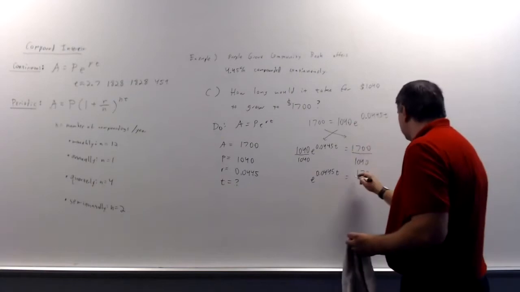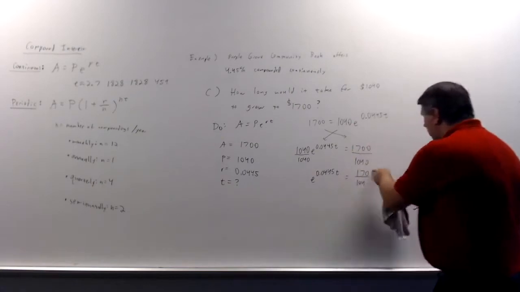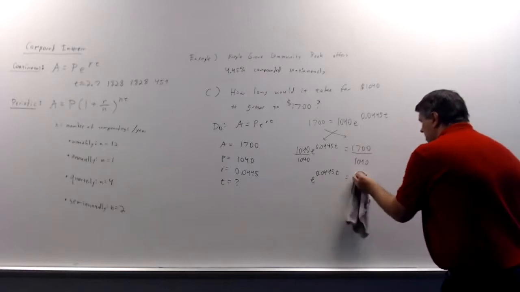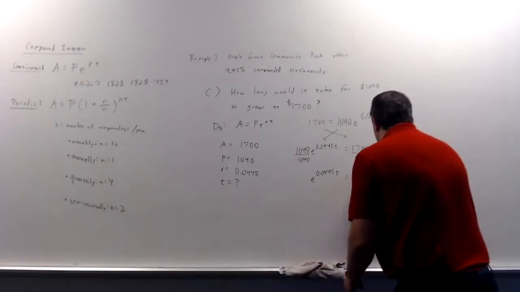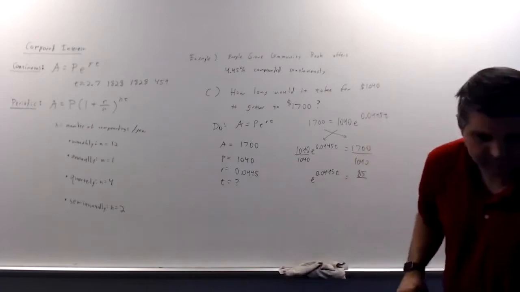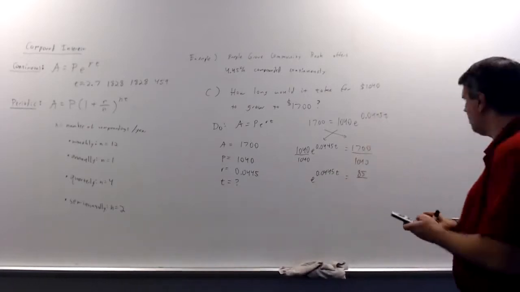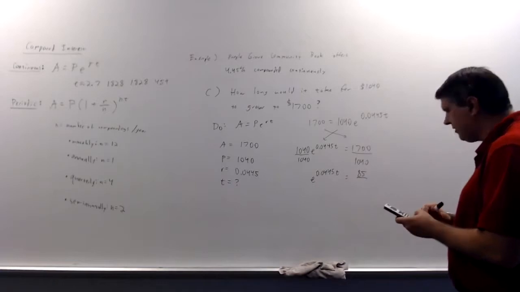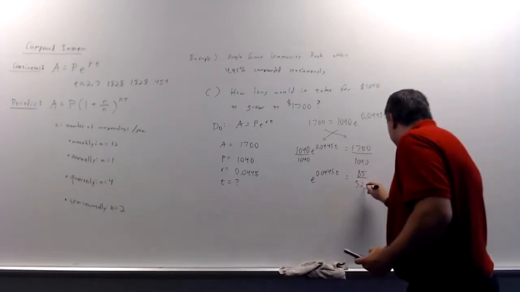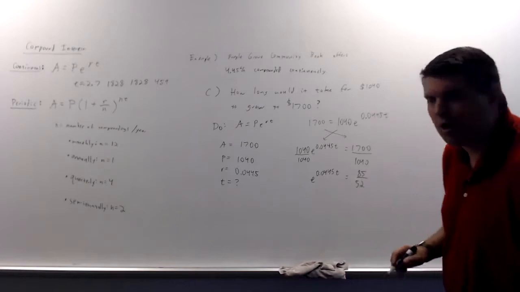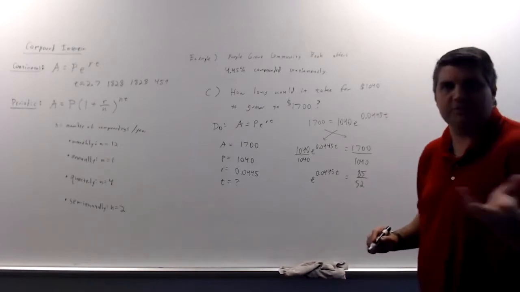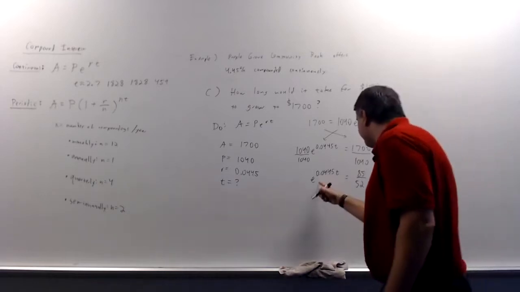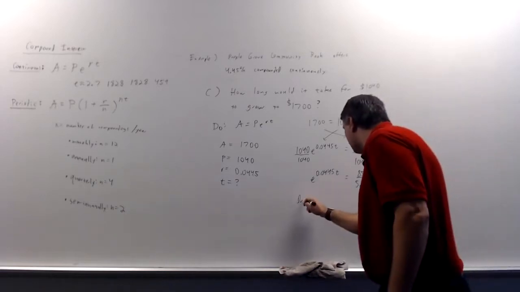Actually, I'll just truncate those zeros. And then these two are also divisible by 2. So 1700 over 1040, that is 85/52. You don't actually have to reduce if you don't want to, because it'll come out the same in decimal form. All right? So that's base e, so I'm going to use a natural log.